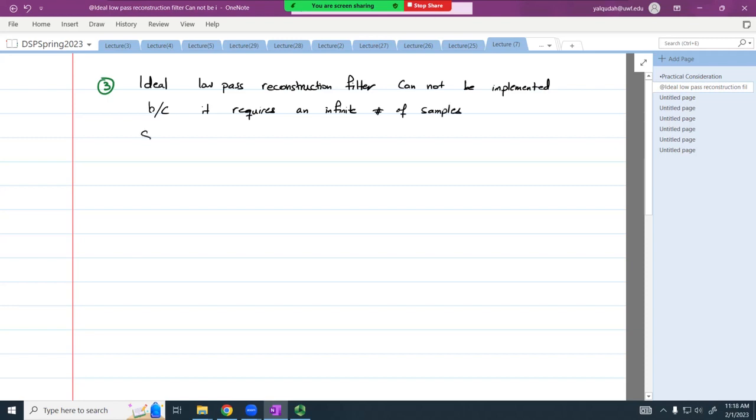And therefore, practically, the solution is to have a practical interpolation filter. Filters are used.